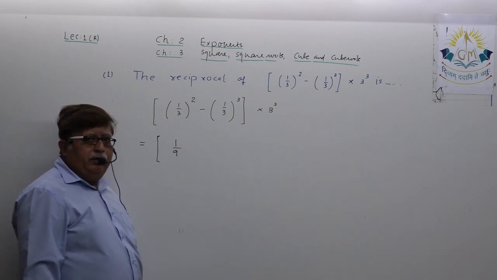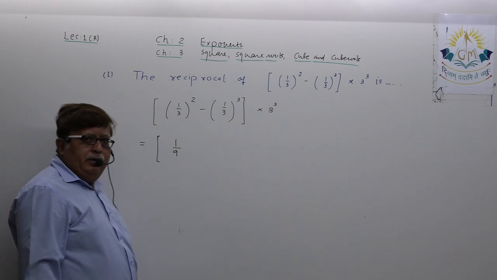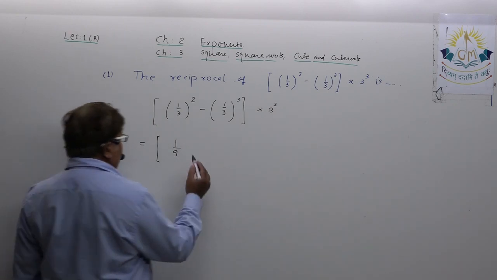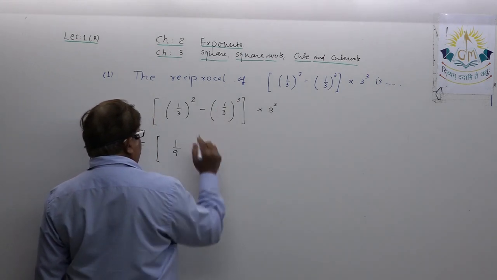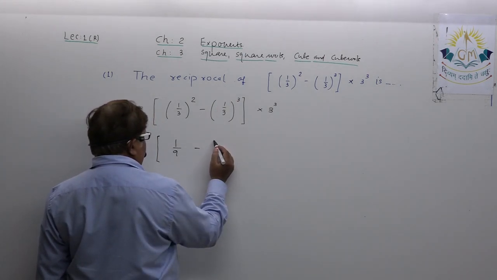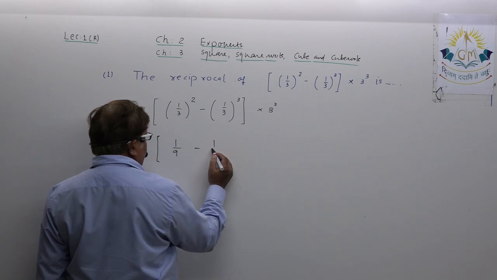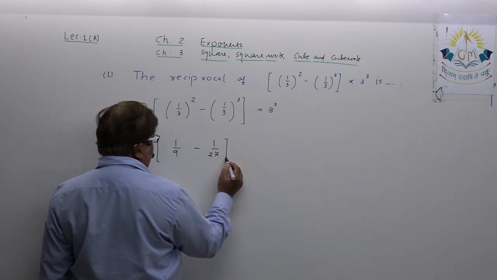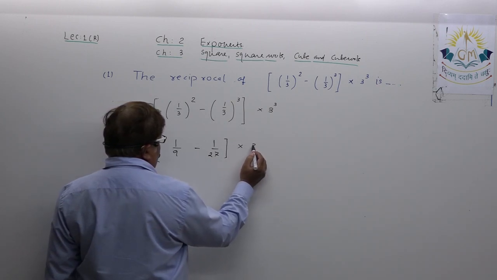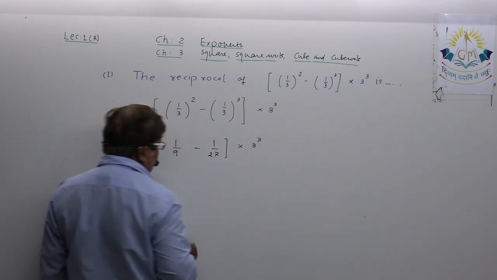Because when the power is positive, direct evaluation can be done. Minus 1 upon 3 raised to 3 simply means 1 upon 27, 3 raised to the power 3.